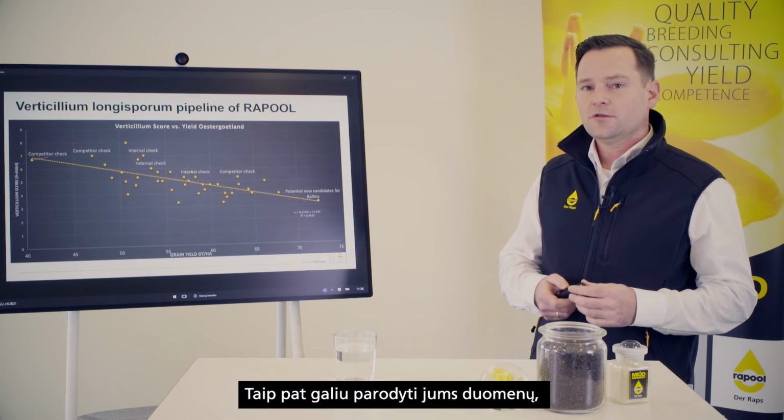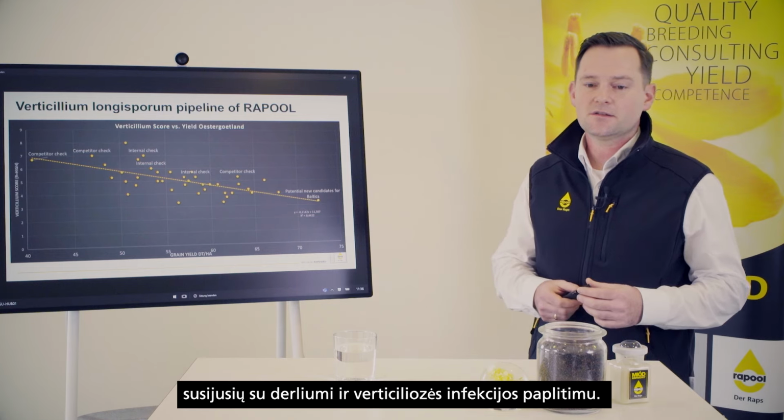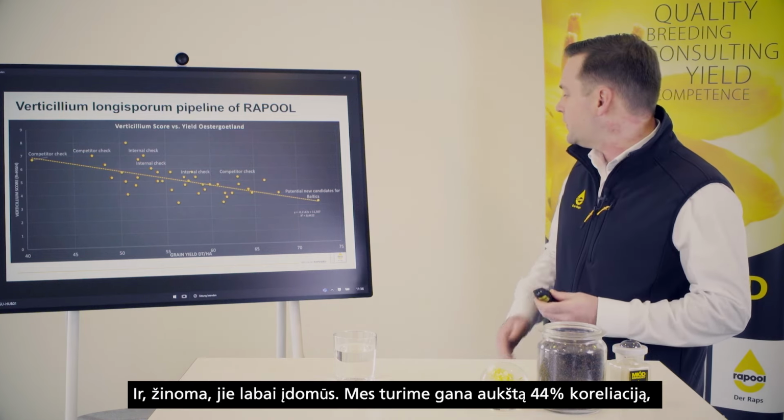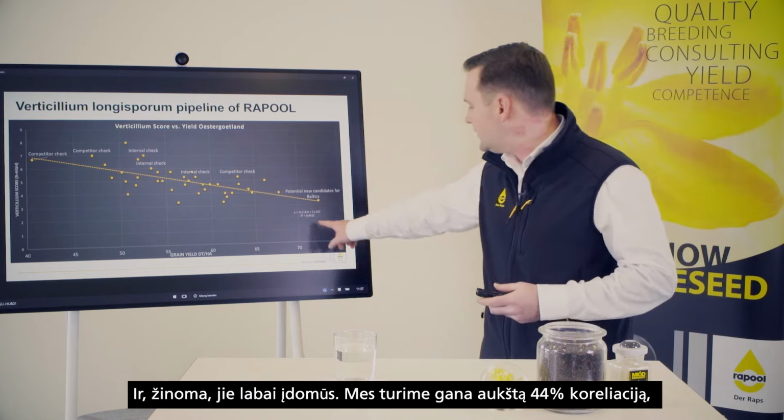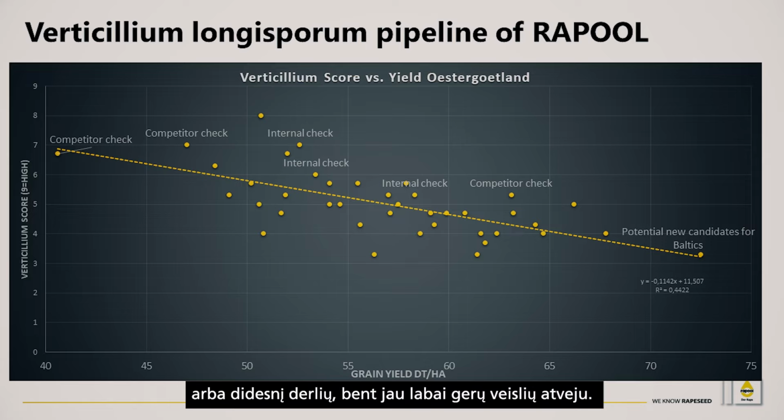Also, I can show you some data related to the yield and the infection status against verticillium. And of course, this is very interesting because here we have a quite high correlation of 44% that can explain here the yield depression, or the higher yield at least, also then for the very good varieties in relation to the verticillium topic.